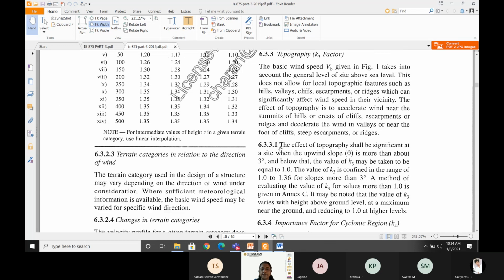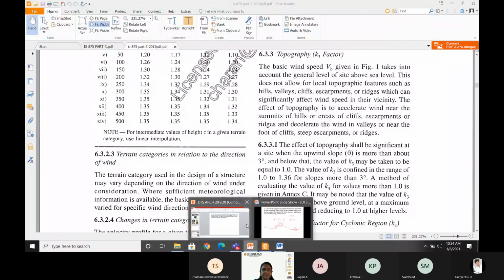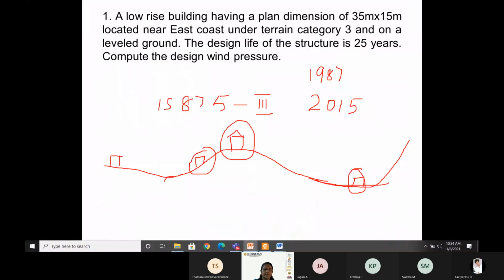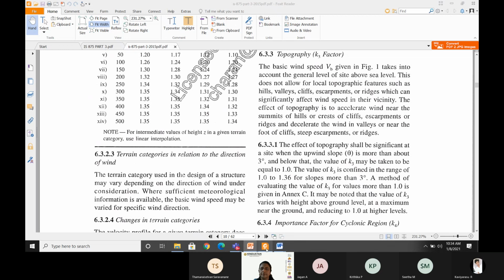So this is what the topography means. Here it is given that the effect of topography shall be significant at a site when the upwind slope theta is more than about 3 degrees. Upwind slope means, this is the plain land, this is the upwind slope, so this angle is called the slope.